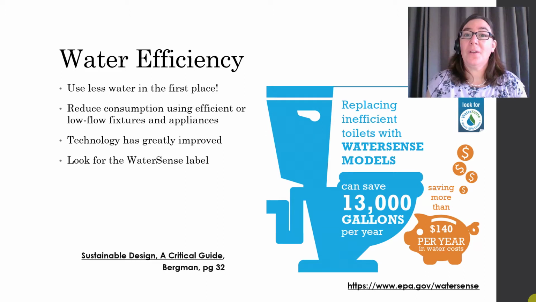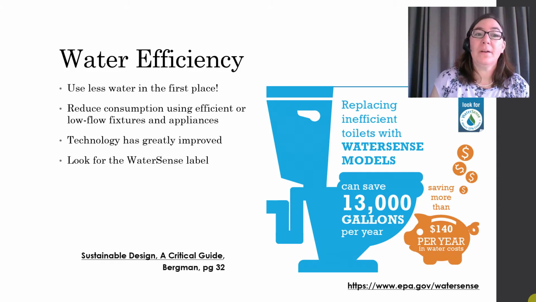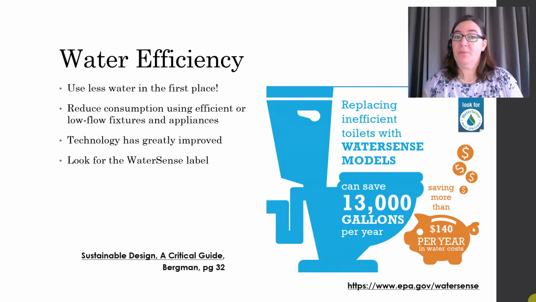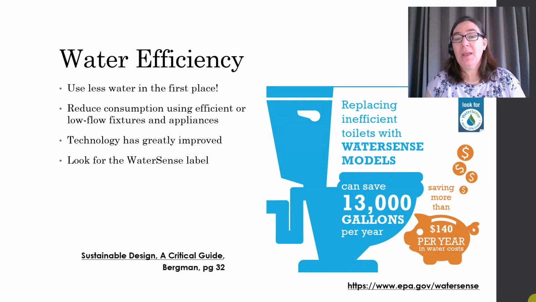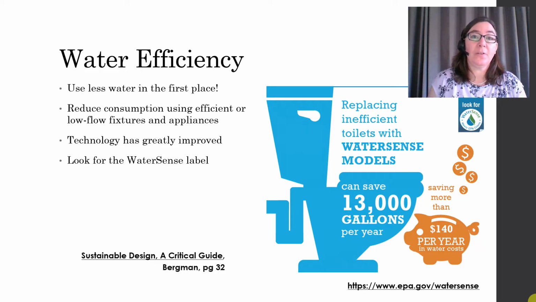So now that you've seen where your water goes, let's talk about how to use less water in the first place. Water efficiency is the term for reducing consumption of water using efficient or low flow fixtures and appliances. Now, these low flow fixtures have a bad name and a bad reputation, but trust me, the technology has greatly improved since they first came out in the 70s and 80s, and they're much better now.